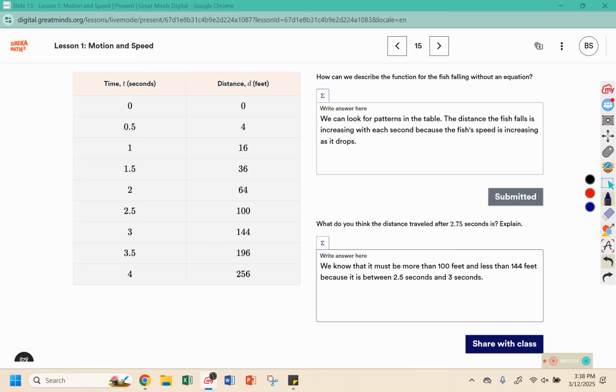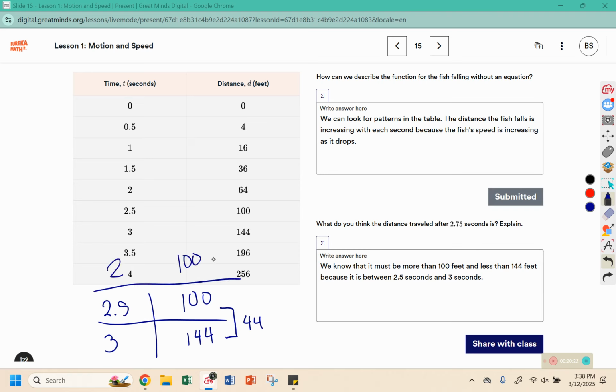We saw, if we were to break our table down further, that from 2.5 to 3, that was a change of 44. And from 2 to 2.5, that was a change of 36.